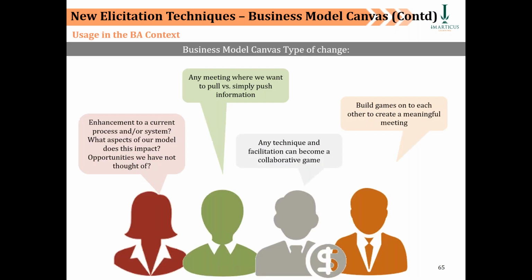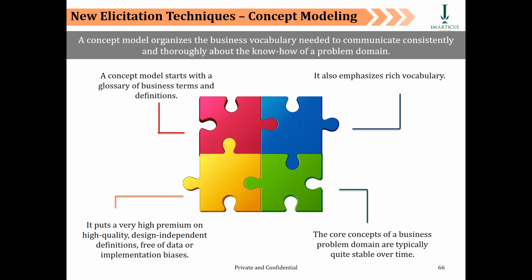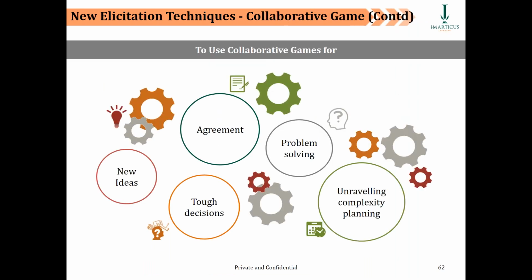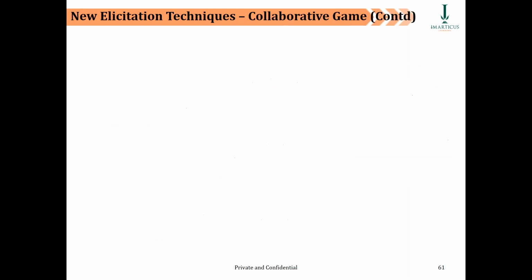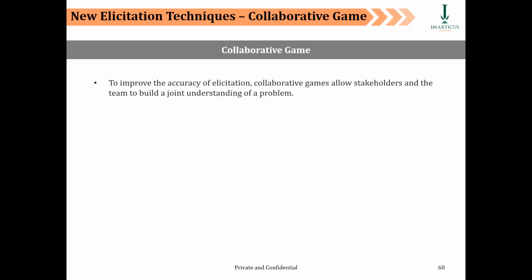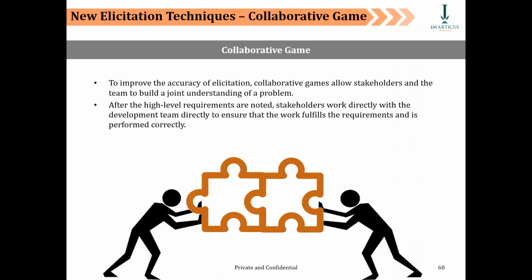So once you try it in a more live kind of a model, you will probably realize how these elicitation techniques can help. So see, you are also realizing these are very different from what we have done as generic elicitation techniques. So these specific elicitation techniques are for specific scenarios, and there are plenty of them. So with this repository, I think you can probably be taken care of.